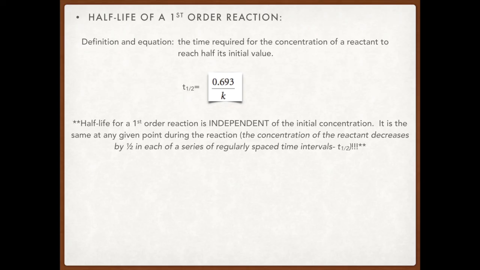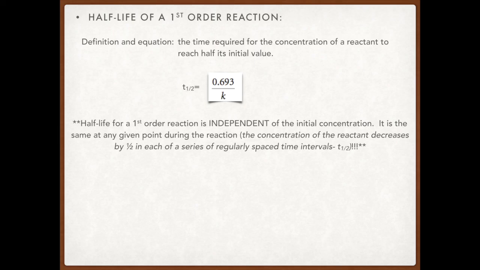So a couple of quick pieces of information. The half-life of a first order reaction is independent of the initial concentration. I already said that. It is the same at any given point during the reaction. So the concentration is going to decrease by half in each of a series of regularly spaced intervals. So if it halves in 5 minutes, it's going to halve again in 5 minutes and again in 5 minutes. That will not alter.